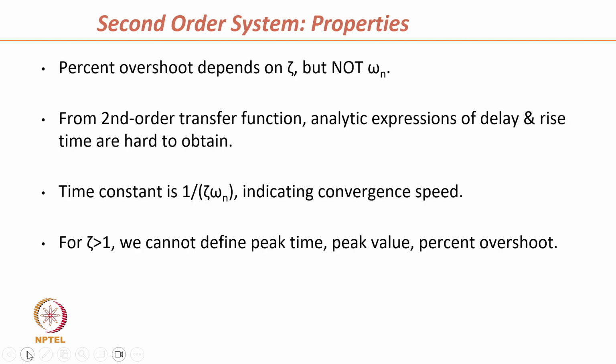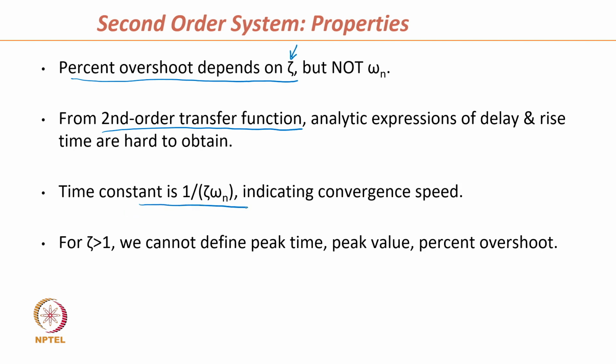Some properties are, the percentage overshoot depends on zeta but not omega n. How much the system overshoots with respect to the steady state value depends only on zeta, the damping factor. It does not depend on the natural frequency of the system. From a second order transfer function, analytic expressions of delay and rise times are hard to obtain.